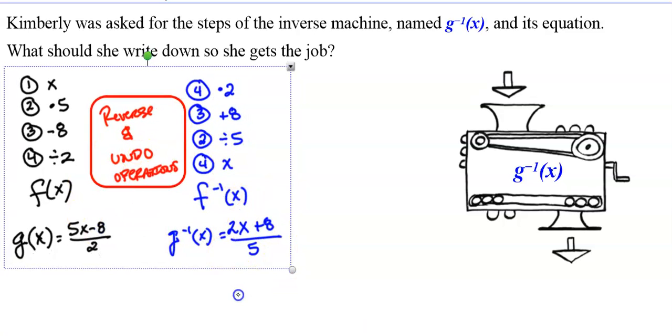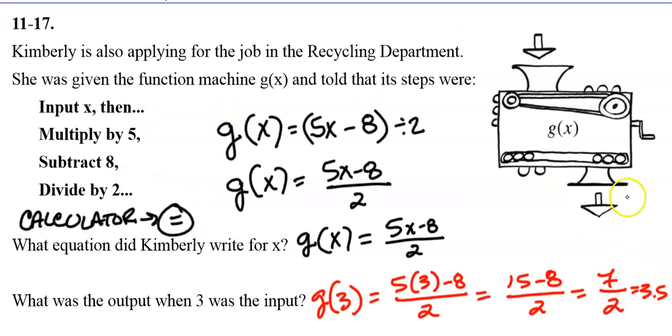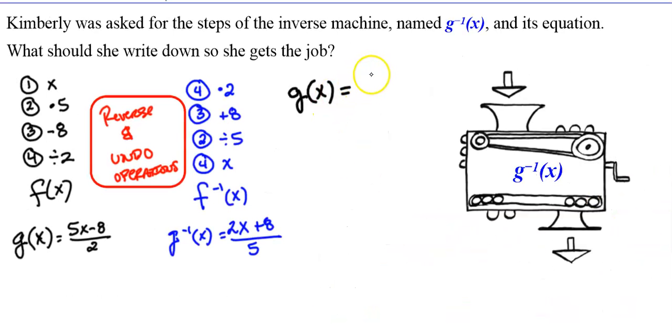So we already know this is g of x right here. If we know that g of x is this equation here, 5x minus 8 over 2, we know that another word for g of x is y.